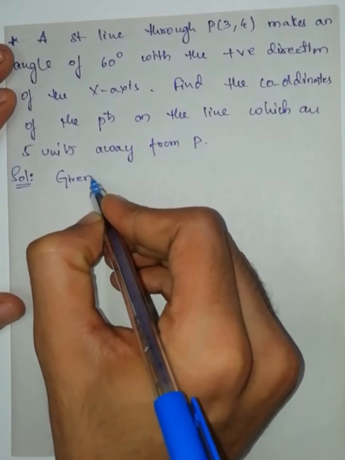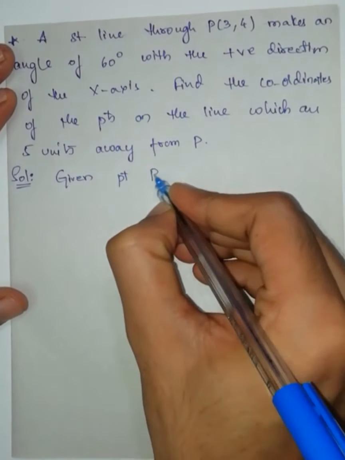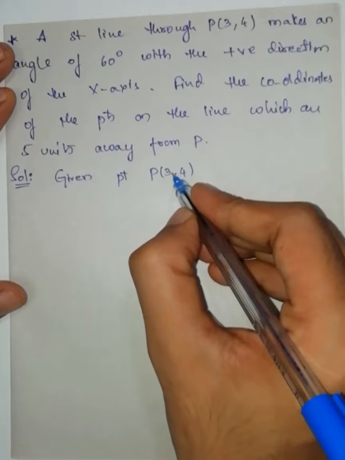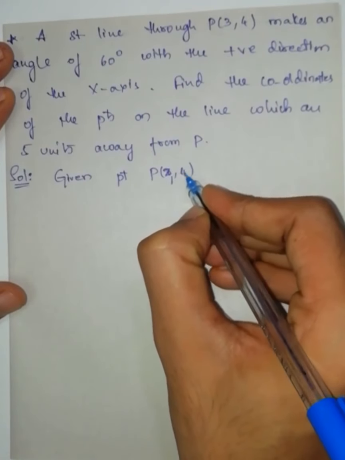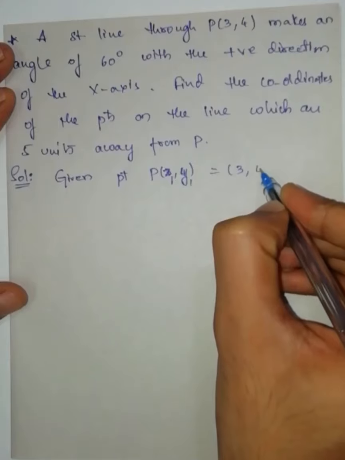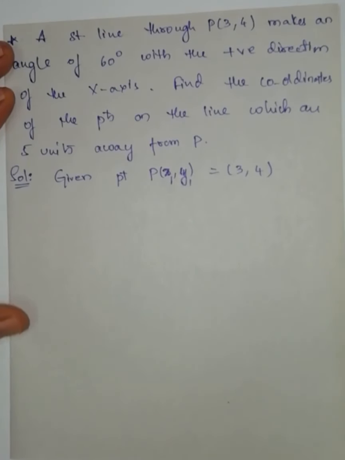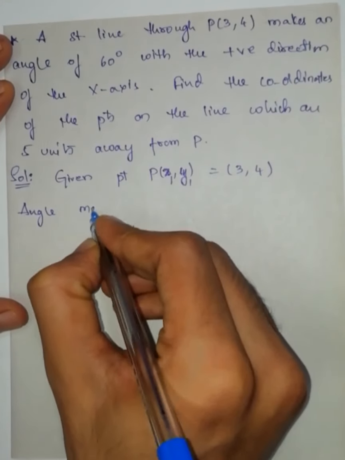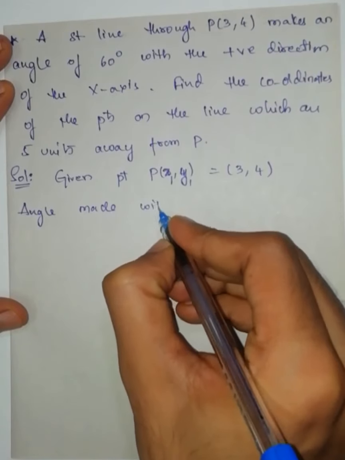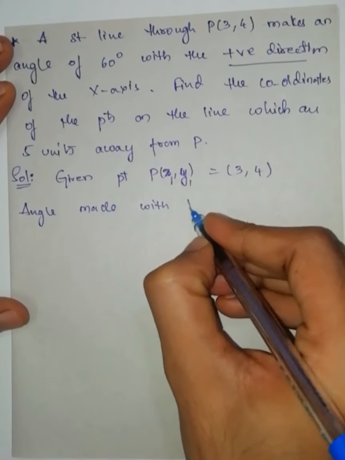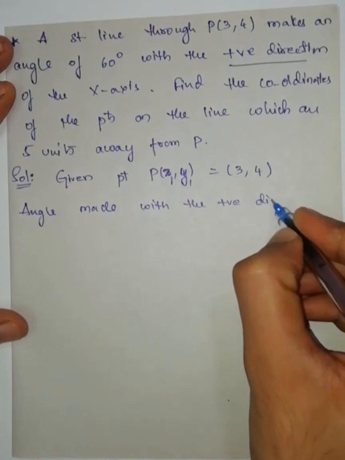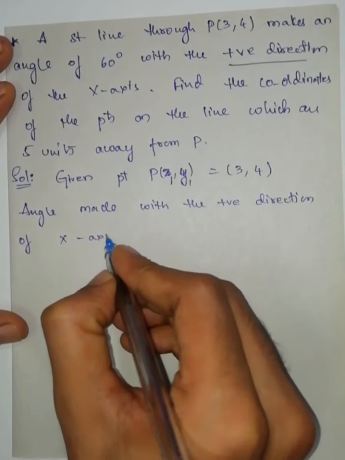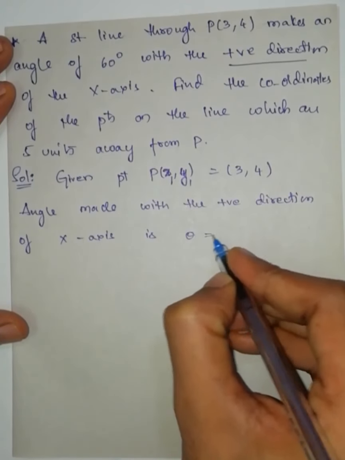Now solution. Given point P of 3 comma 4. Let us take P of x1 comma y1 is equal to 3 comma 4. Now second thing, angle made with the positive direction of x-axis is theta is equal to 60 degrees.